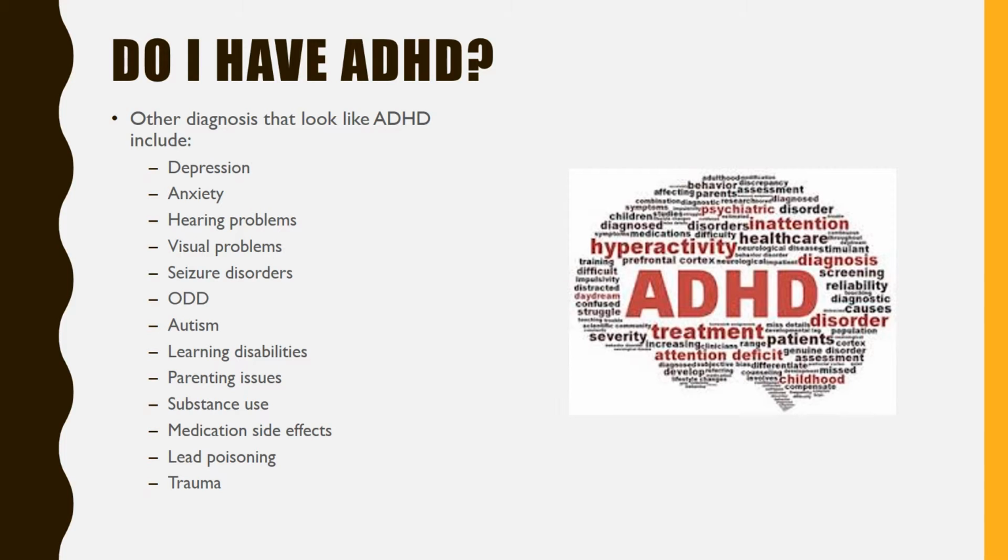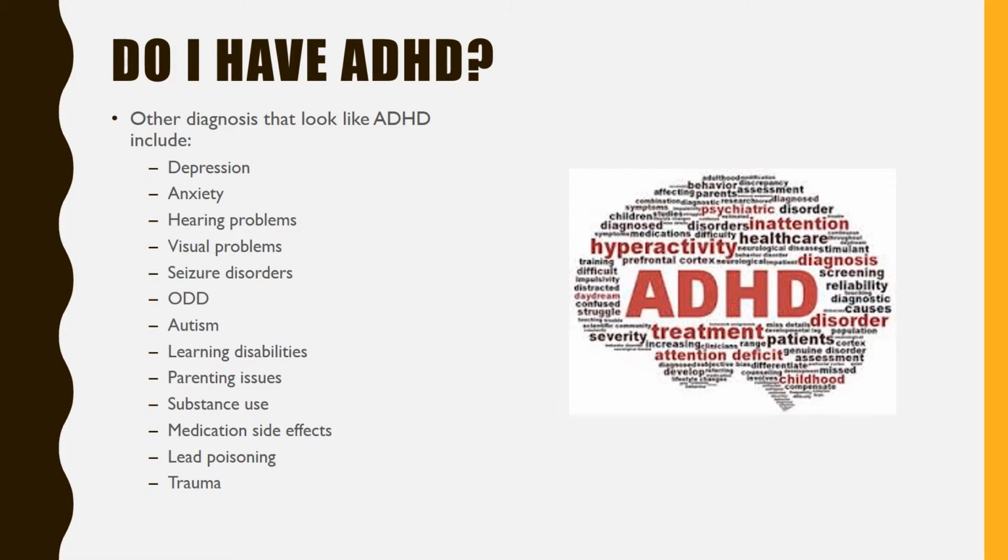So this last slide, I just want to talk a bit for a second about this question, do I have ADHD? And ADHD is a hard one to diagnose. In terms of diagnosis, you're going to get information from the school, from the pediatrician, from the parents, and then you're going to have your own clinical impressions of what is in front of you.